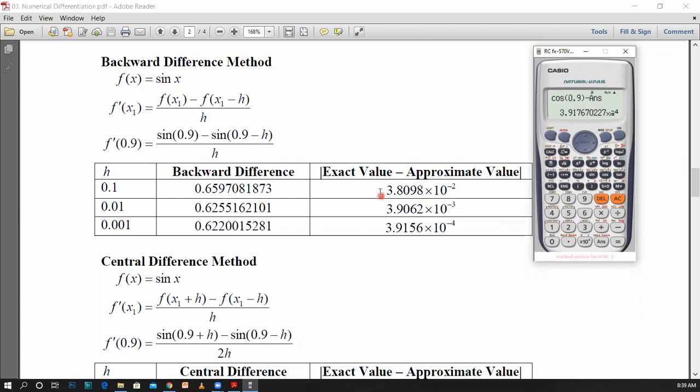I do not need to take the exact value, whether it is minus or plus. I just need to consider how far the approximation is from the exact value. Therefore, I just need to take the distance only. That is why I have considered the magnitude of these differences.